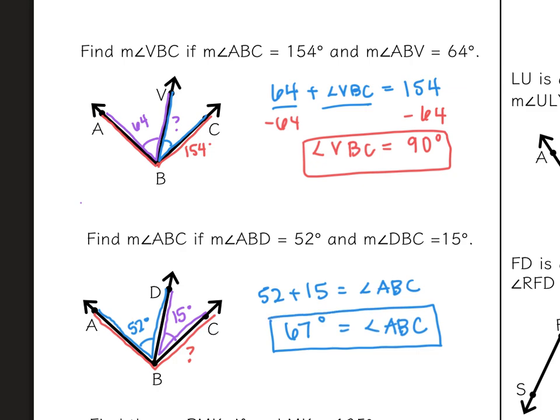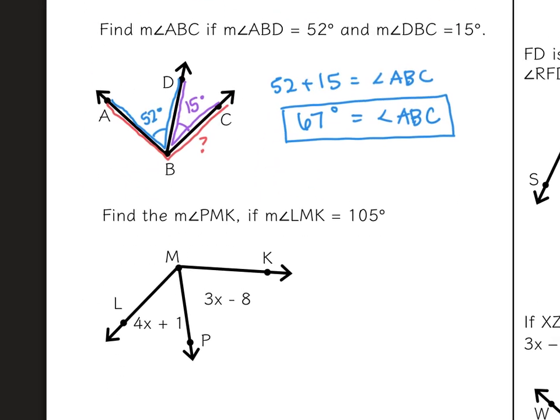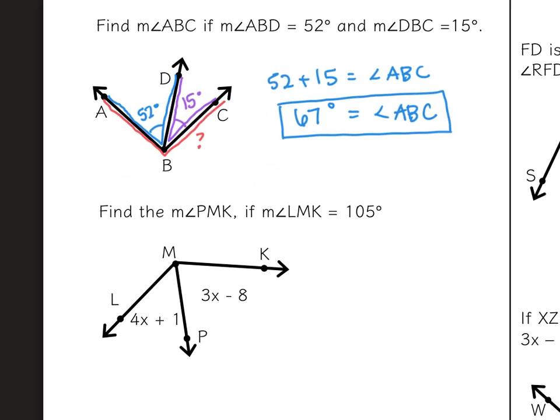Now we're going to try one with algebra. And again, just like segment addition, you are given 3 parts. So we want to find PMK. Just like in the other problems, we're trying to find a certain angle measure, but we need to find X first, and then we can plug into angles.